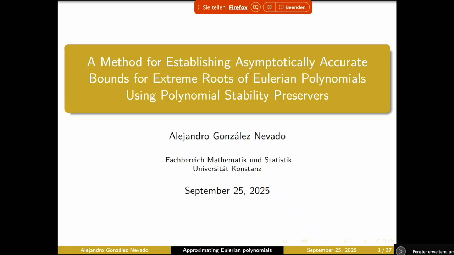Of Eulerian polynomials, we have to introduce them. They are very important in combinatorics. They also appear in analysis. They appear in many places. Using polynomial stability preservers. I suppose fewer people will know what is stability. And once you know that, you know what is a preserver.